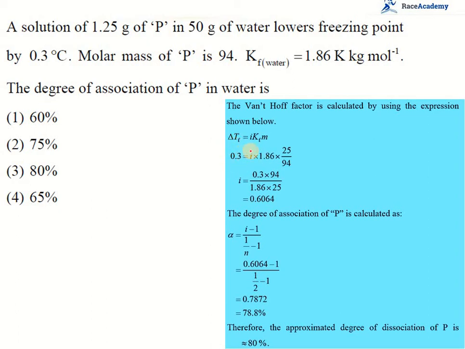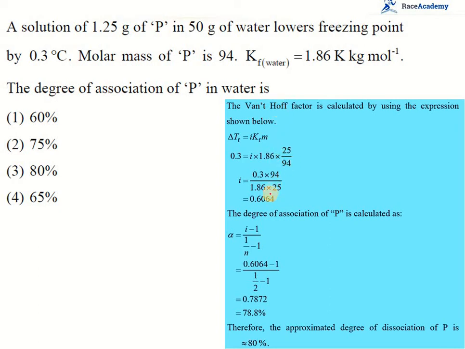Delta Tf is 0.3 and the Kf value is 1.86, and molality is nothing but the number of moles, that is 25 by 94 of the compound. The i value obtained is 0.6064.